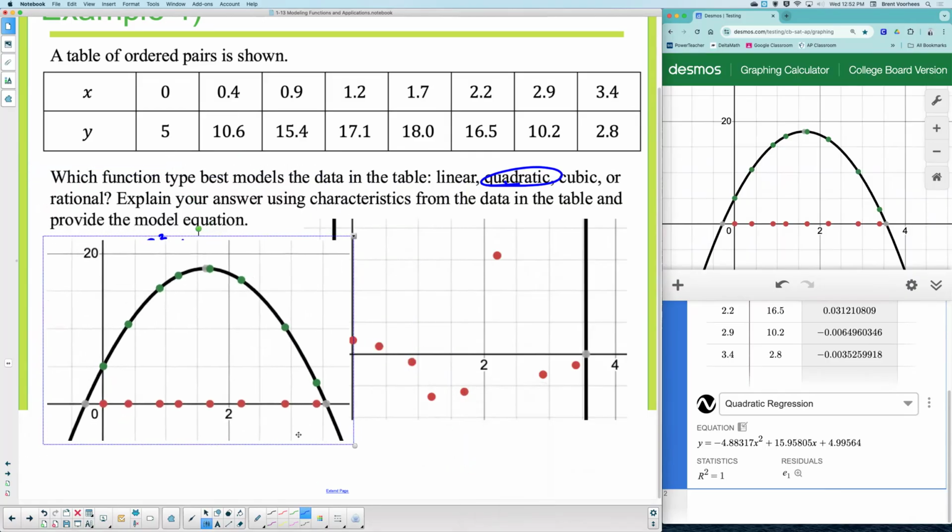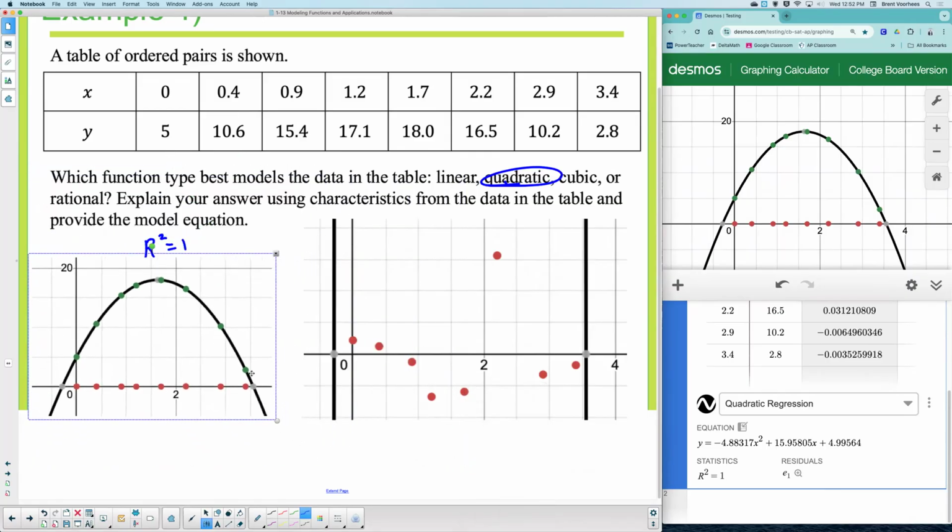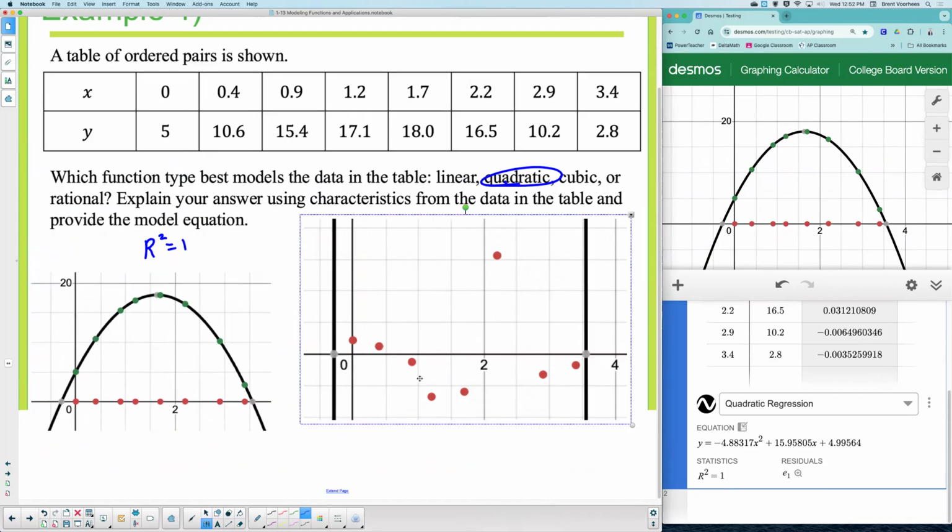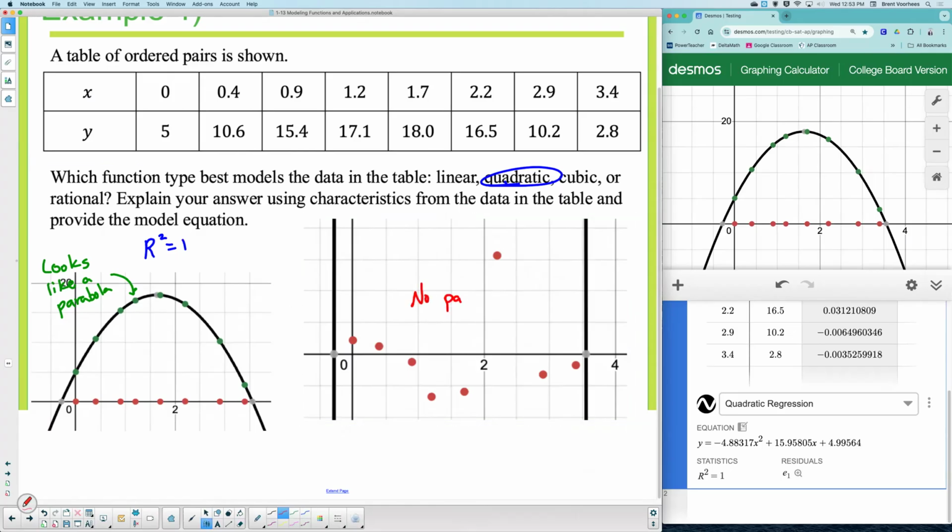I'll add in something, but as long as you put one of those three things that looks like a parabola. So the r squared's one, it looks like a parabola. Residuals are random, or no pattern to the residuals. Any of those, these are all different reasons.